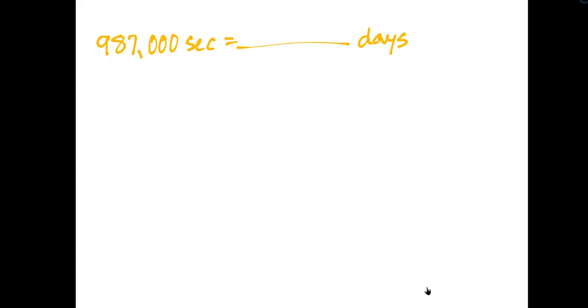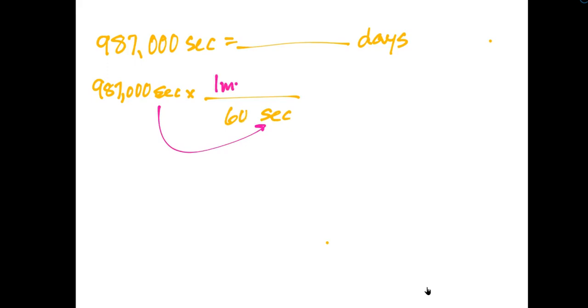So you will need your calculators. Here we go with yellow. So 987 seconds. Okay. I'm not going to write down the equalities here, but remember, seconds go here first. And then you know that there's 60 seconds. And then 1 minute, right?